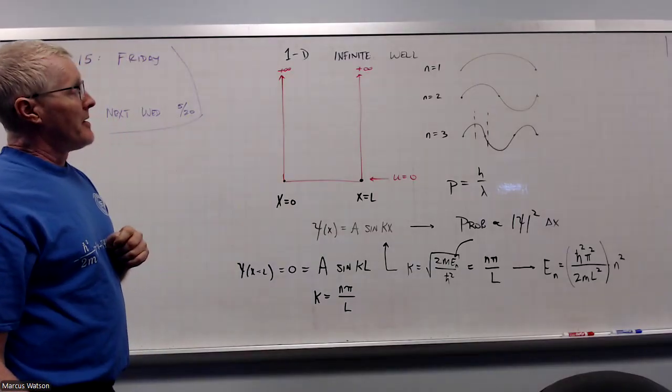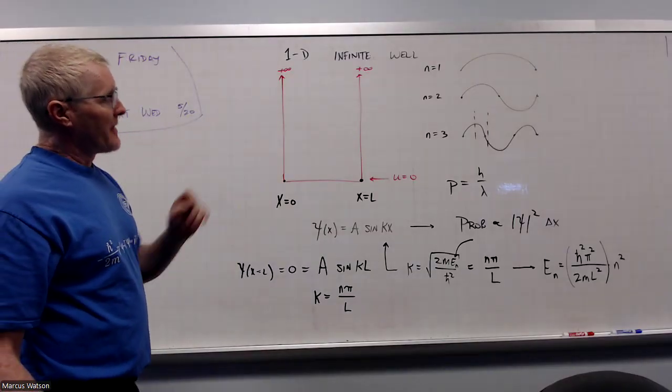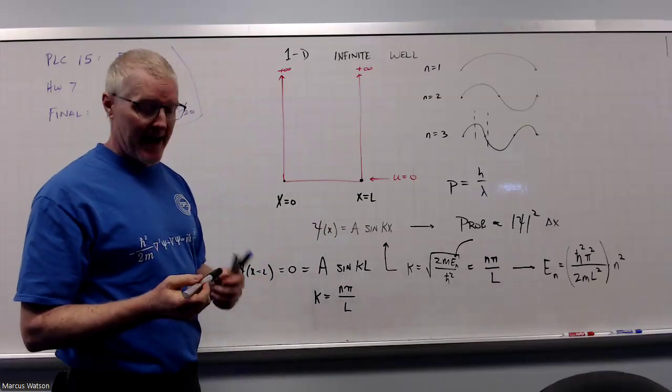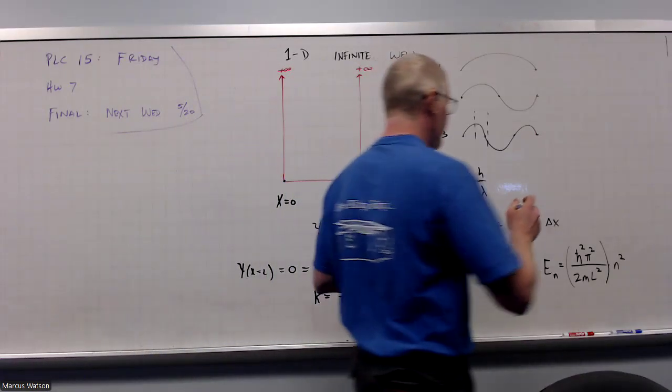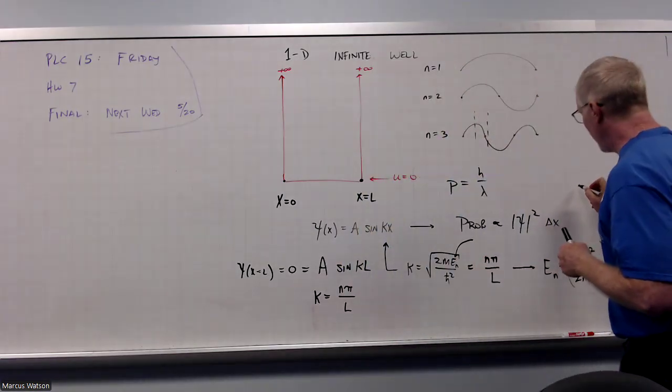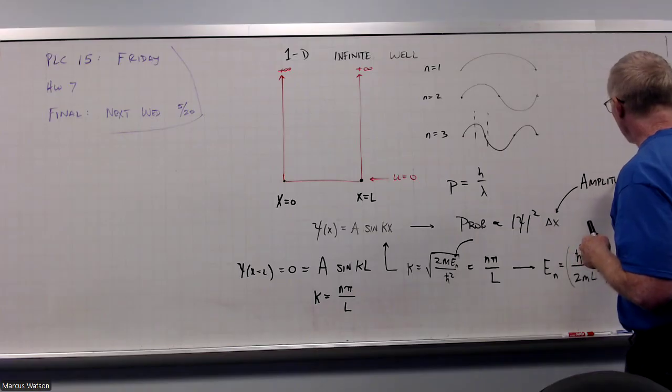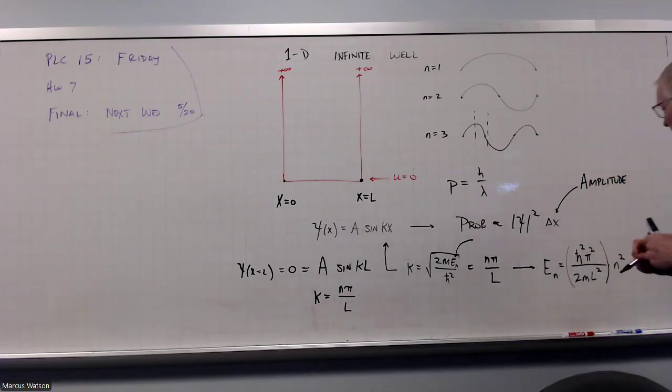So that is an initial way to start looking at information that the wave function gives you. We can say that this is related to the amplitude of the wave function, and this is kind of related to the wavelength. Well, I mean, the whole entire thing, not just that.